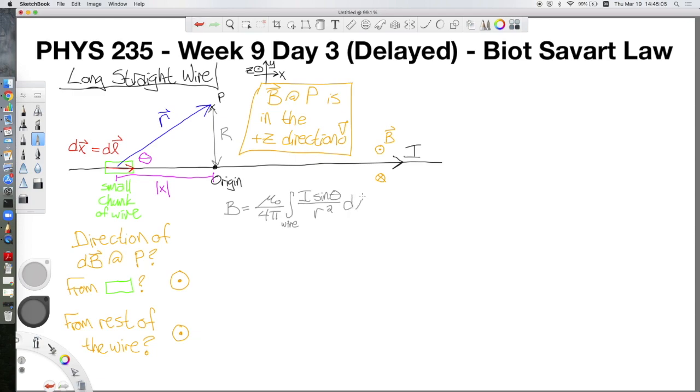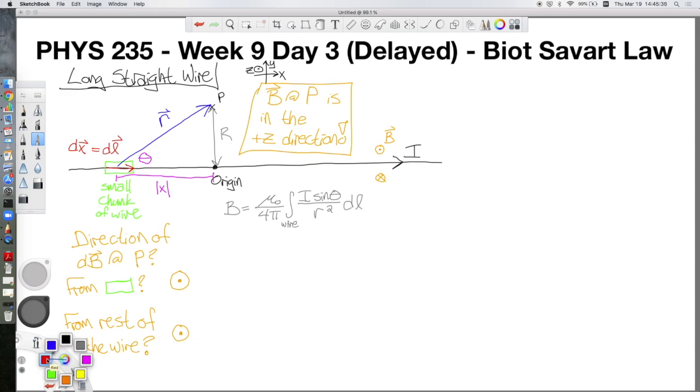So now we need to go about the process of taking any unknown or arbitrary quantities in this expression and writing it in terms of distances we do know. We can write things in terms of I, the current in the wire, x, the location of the small chunk of wire we're considering, r, the distance of point P from the wire, and dx's and dl's.